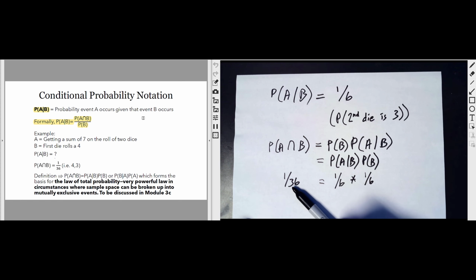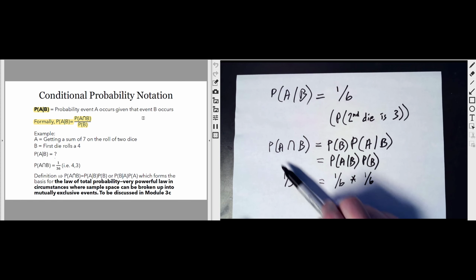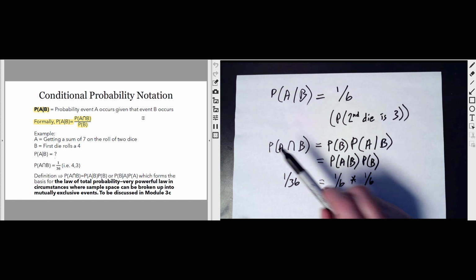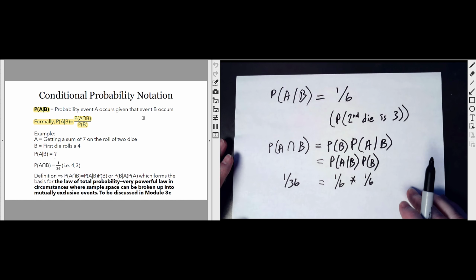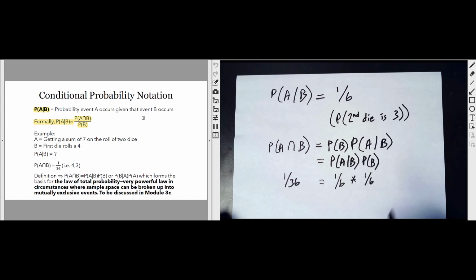Now, does that actually make sense if we think about this in terms of possible outcomes? Well, the possible outcomes for A, that the sum is 7, are 1, 6; 2, 5; 3, 4; 4, 3; 5, 2; and 6, 1, right?